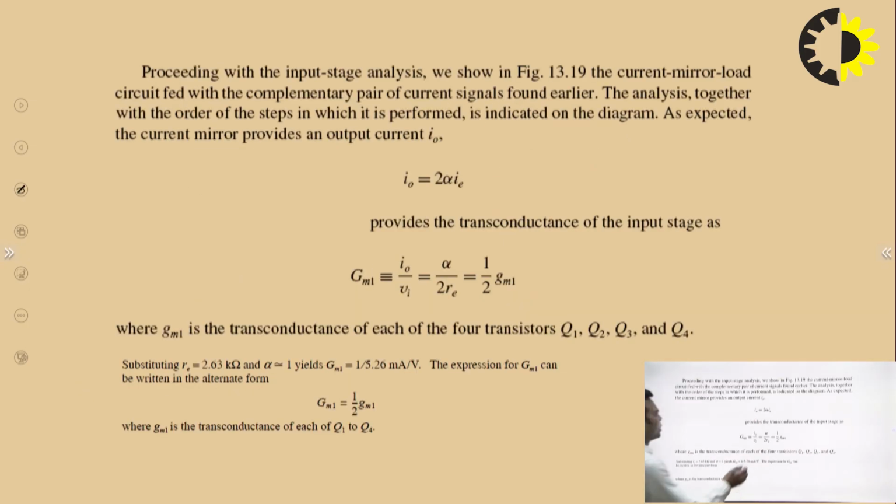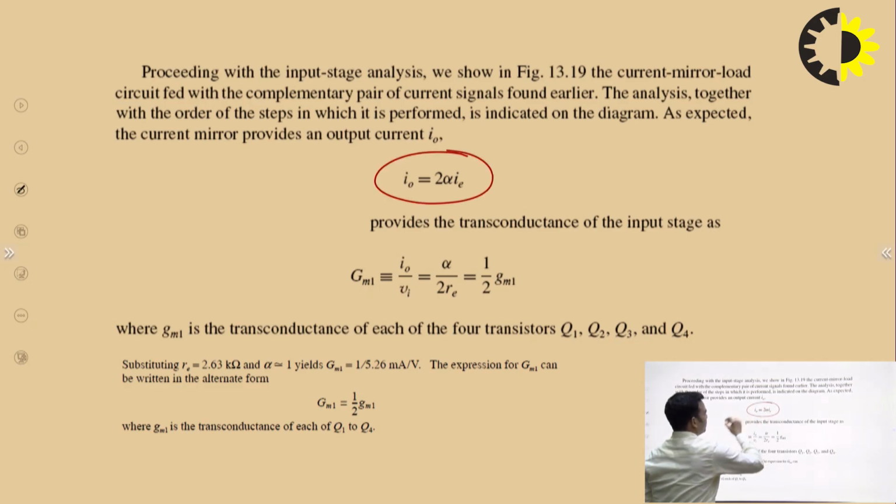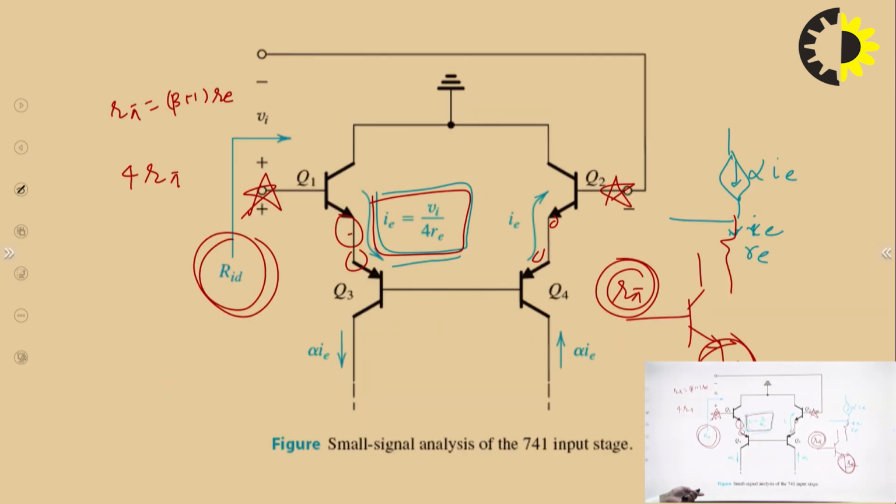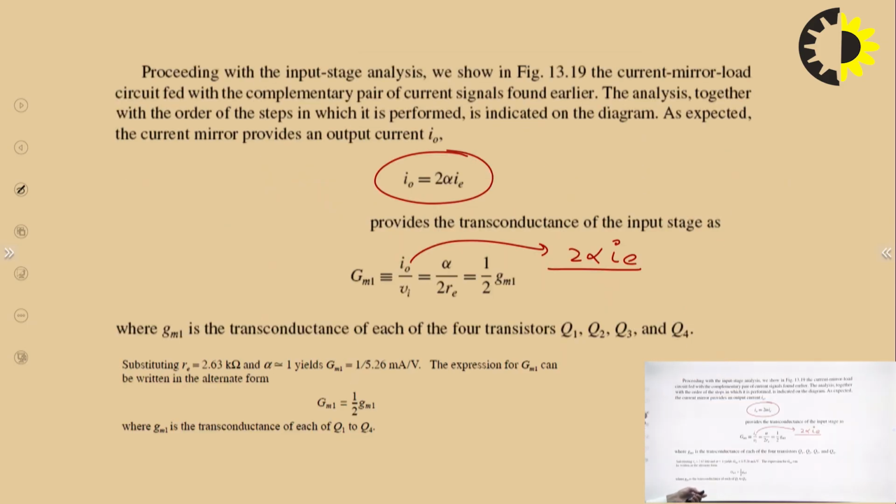And I naught is equal to twice alpha IE, and you know the transconductance Gm is equal to I naught upon Vi. I naught is equal to 2 alpha IE, and you know the value of Vi also. Vi is IE into 4 Re.